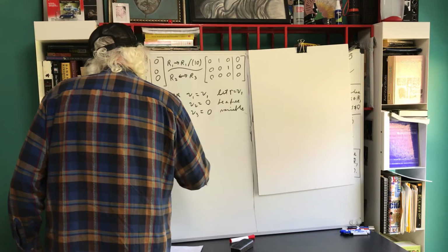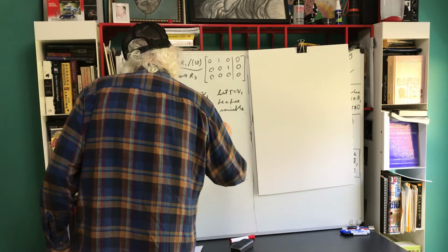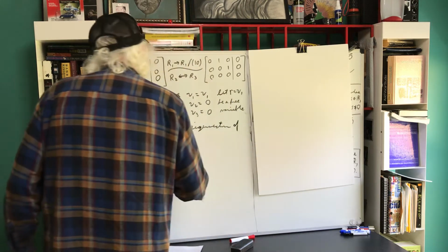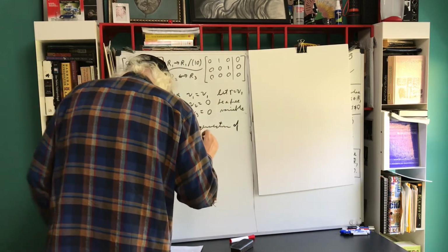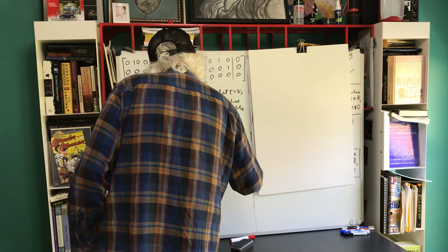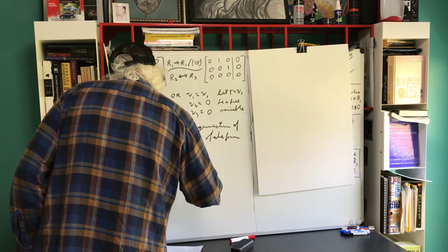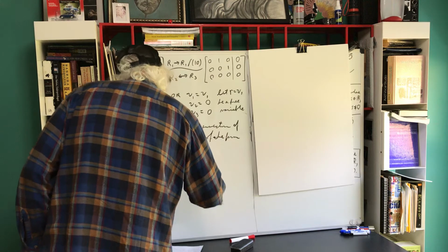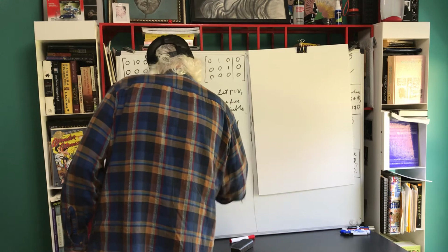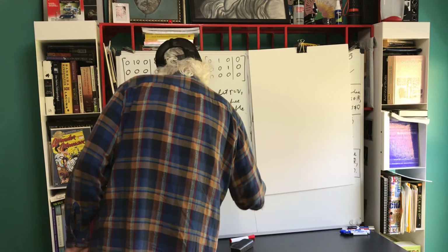So, the eigenvectors of lambda 1 equals 3, negative 3, are of the form V equals, has components V1, V2, V3, and those components are any scalar R times, say, the vector 1, 0, 0.